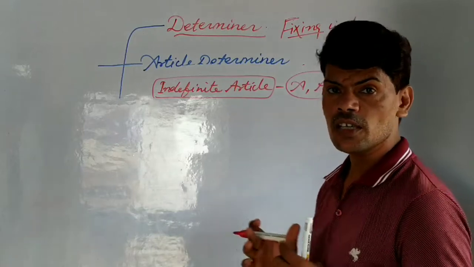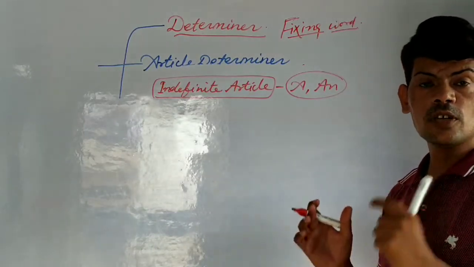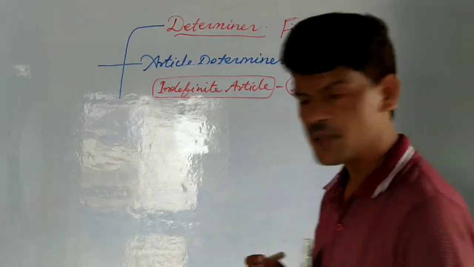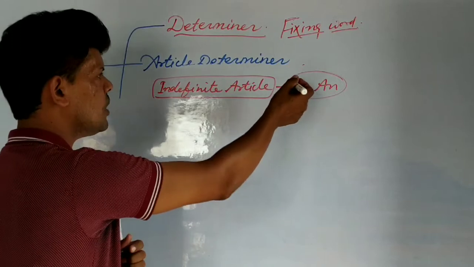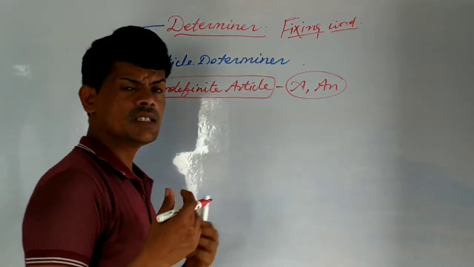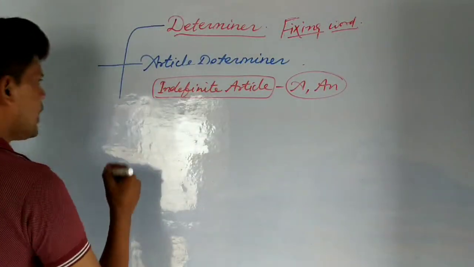Here I am not talking about vowel and consonant. I am talking about the pronunciation, the sound of vowel and consonant. Okay? So before the words which begin with consonant sound. Okay? A.